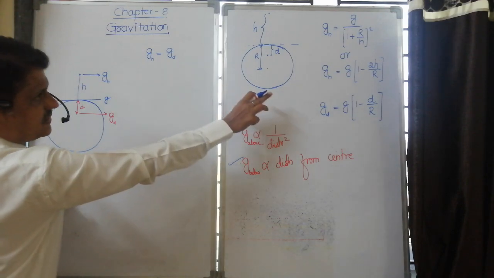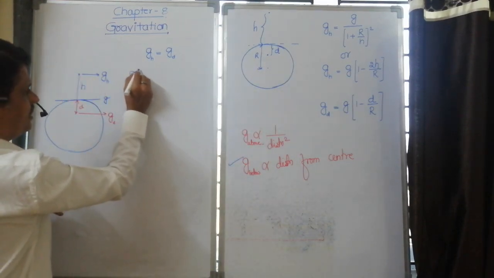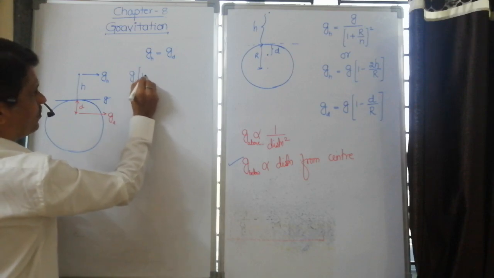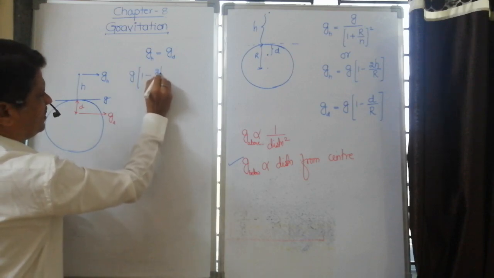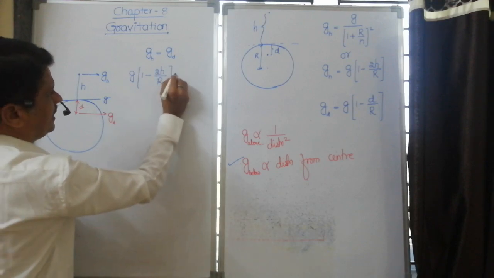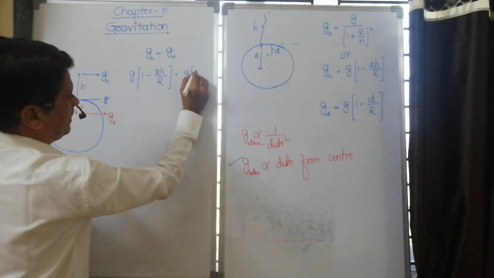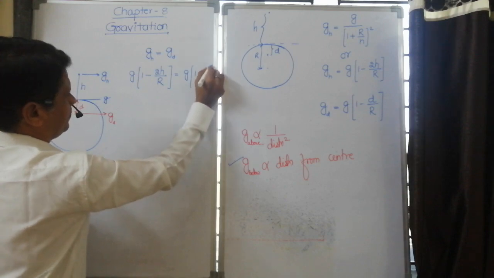Hence for small distance I can take this second one, g(1 - 2h/r) equal to g(1 - d/r).